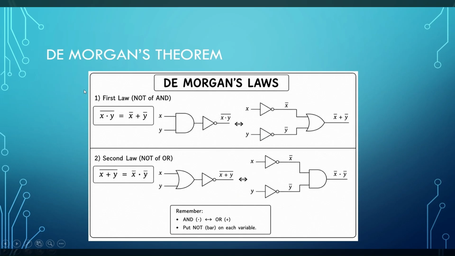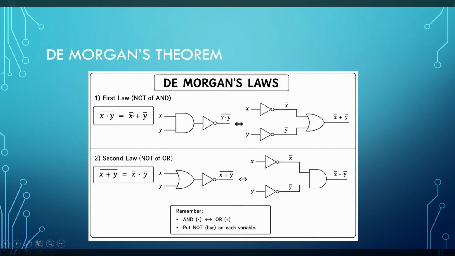See, the main motive of De Morgan's is to convert the AND symbol into OR and put a bar on each variable. So when we are breaking it down, x into y, we are doing this as x plus y, and this whole bar is broken down into smaller bars, and we can also represent this through a diagram.